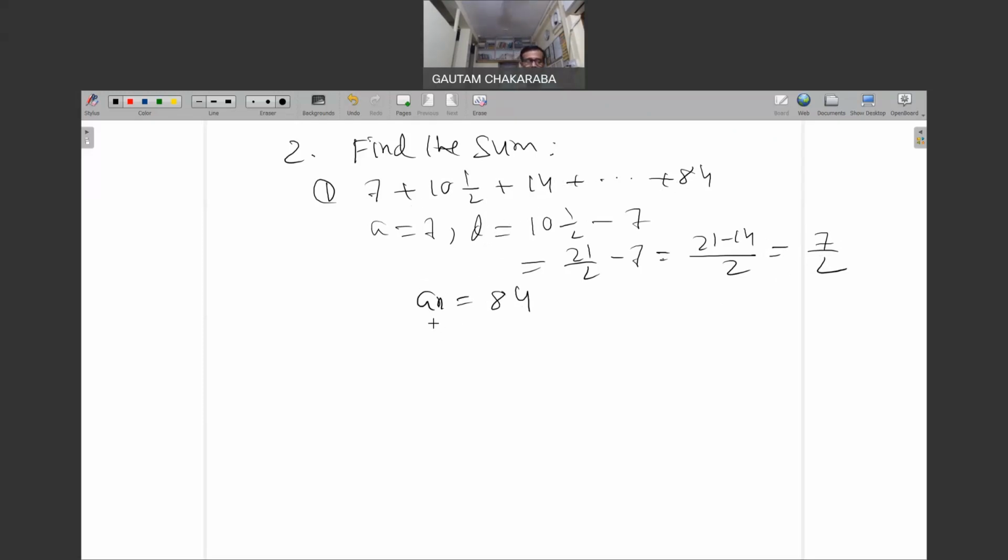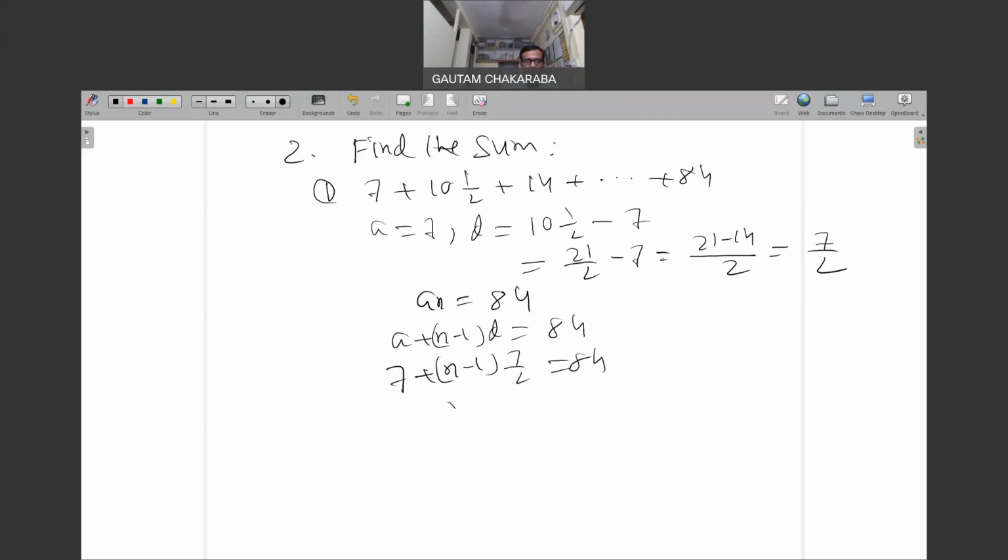So you apply the identity of the nth term, a plus n minus 1 into d is equal to 84. Because you apply the sum identities when the number of terms is given, but here the number of terms is not given. So you apply the last term formula, an is equal to a plus n minus 1 into d. Now all are given, a is 7 and d is 7 by 2.